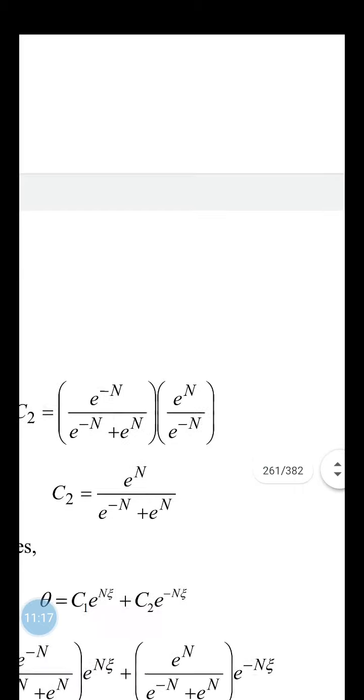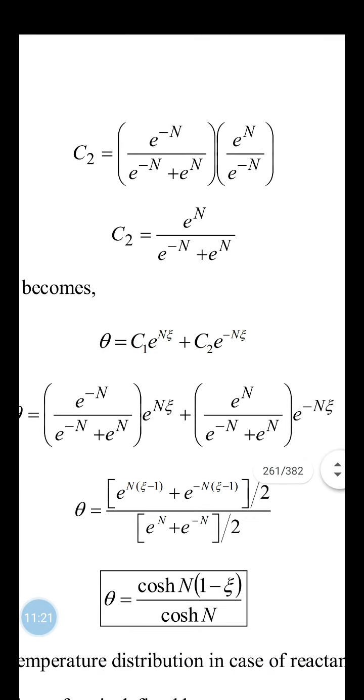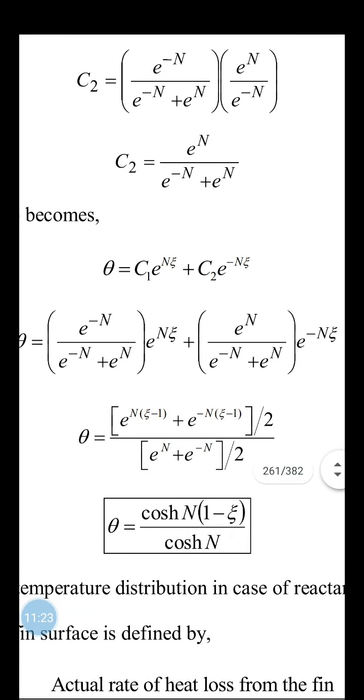So this will be c2 and this will be c1. You can put c1 and c2 in theta and rearrange the terms. What you get is theta equal to [e raised to n (zeta minus 1) plus e raised to minus n (zeta minus 1)] upon (e raised to n plus e raised to minus n), each upon 2.